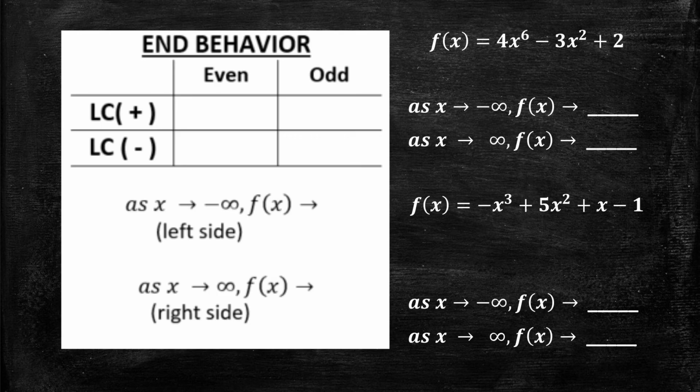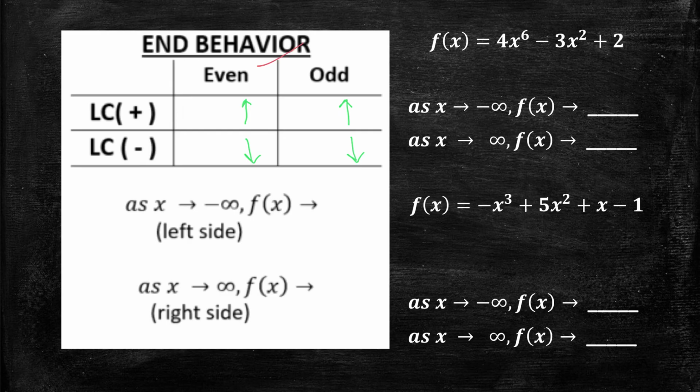If your leading coefficient is positive, then that means the right side is going up. So it doesn't matter if your degree is even or odd, the right side is going to go up. If your leading coefficient is negative, the right side is going to go down, no matter whether it's even or odd.